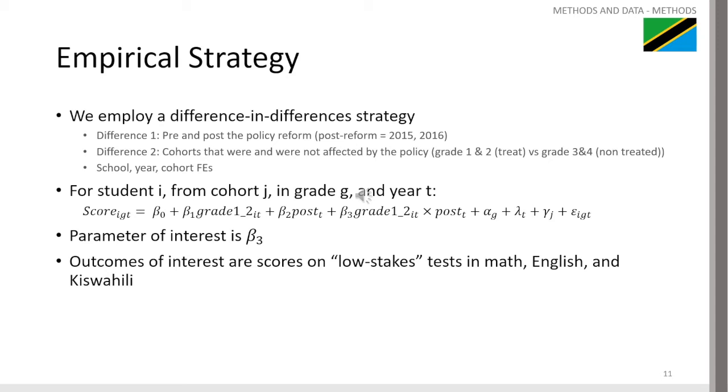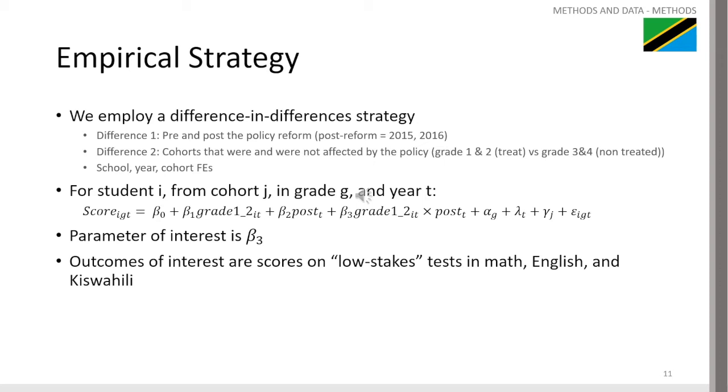What we're going to do is essentially compare learning in grades 1 and 2 compared to grades 3 and 4, pre and post reform, okay, with the idea that grades 1 and 2 are going to be essentially treated with the reform, and grades 3 and 4 are not. And so by differencing, we can learn something about the effect of the reform.